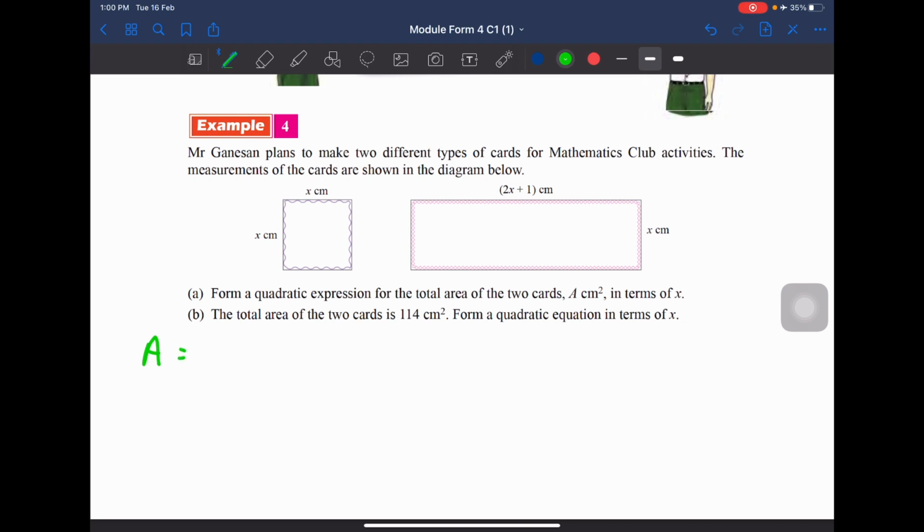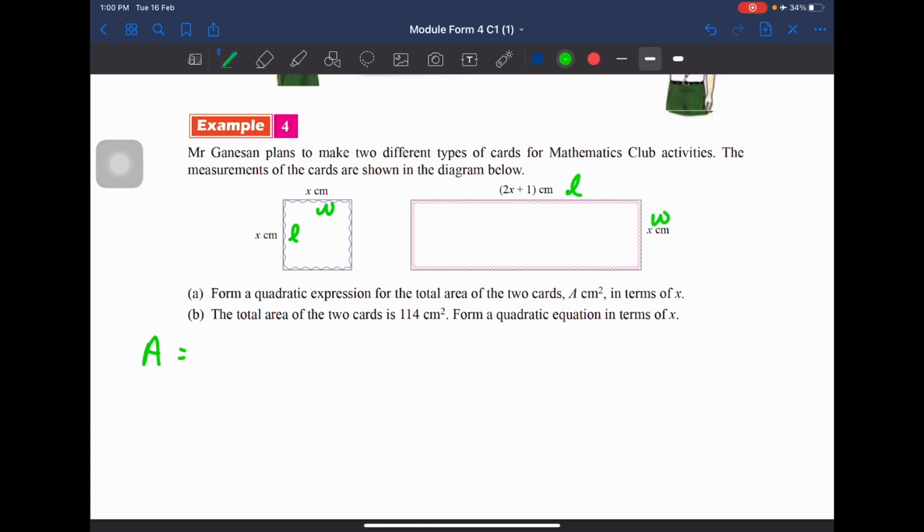Macam mana kita dah buat area kan. So total area of both cards. Okay, so kita tengok first dulu. First ni area dia adalah panjang darab lebar, length times width.